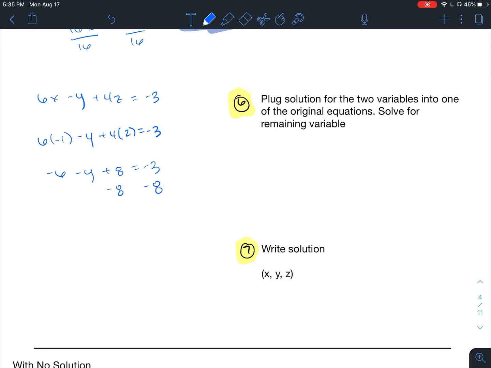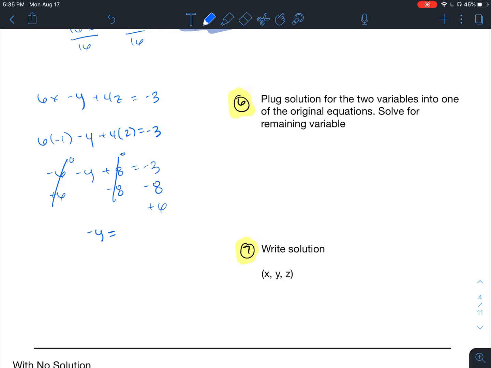Let's go ahead and subtract 8, and while we're at it, add 6 to both sides. What is that equal to?